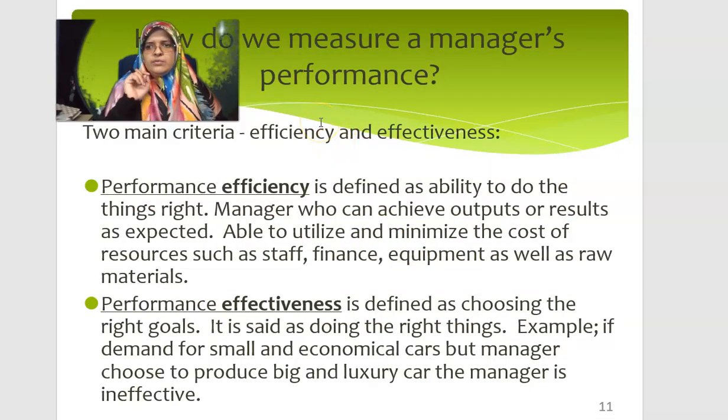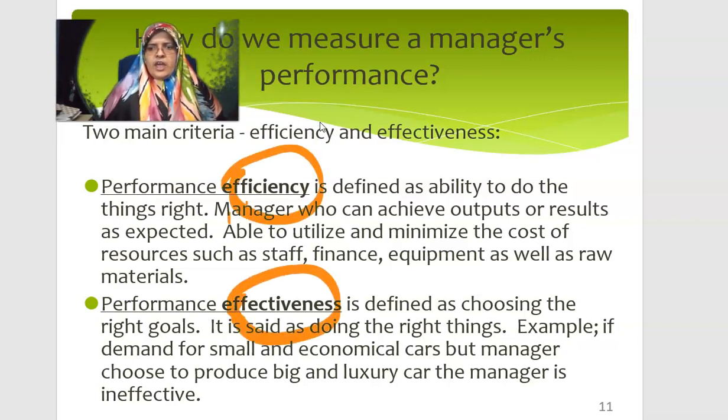And how do we measure a manager's performance? I think you have been listening to and looking at these words: efficiency and effectiveness. Efficiency is defined as the ability to do things right.